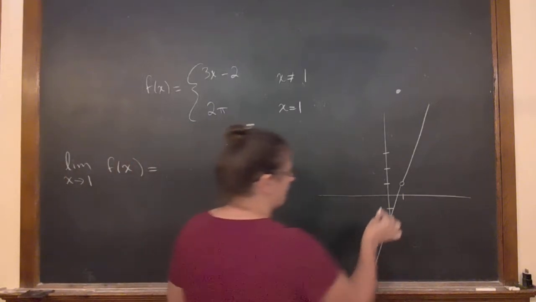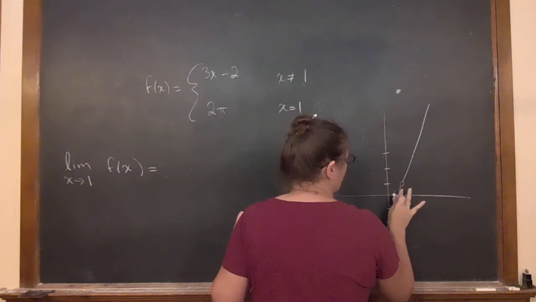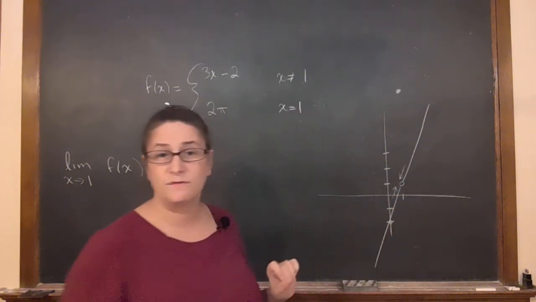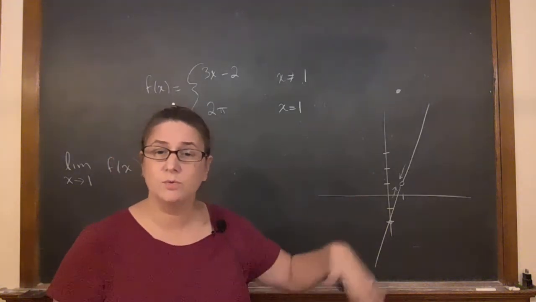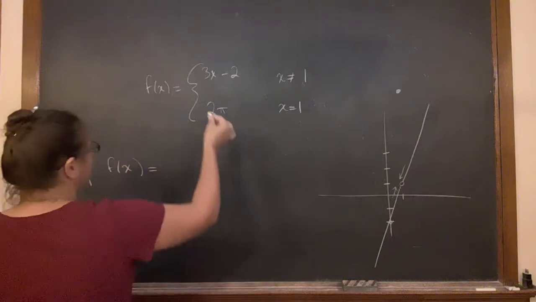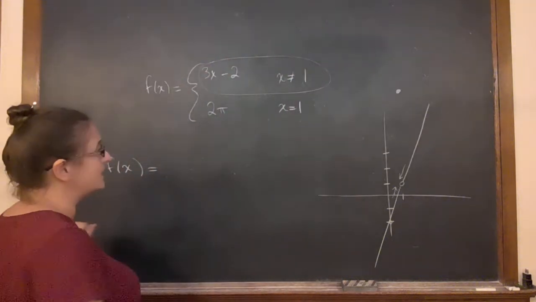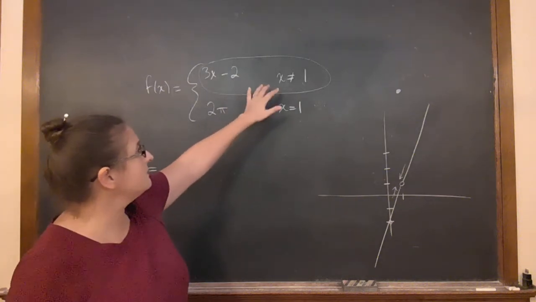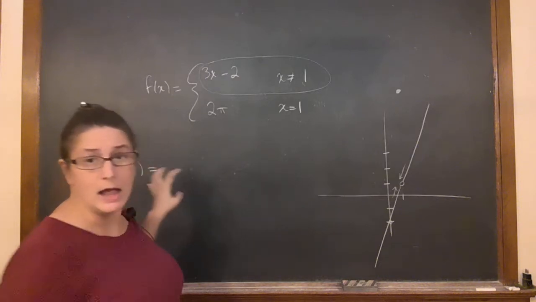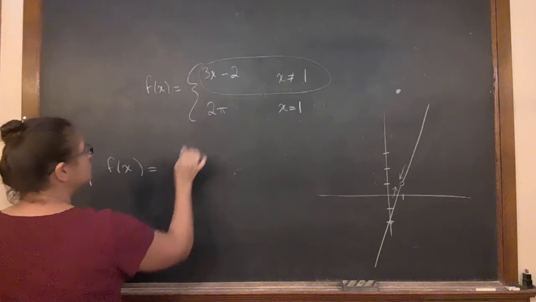I'm going on this line from this side, or on this line from the other side. I'm approaching 1, I'm not there yet. Therefore, I use the part of the piecewise definition that goes with where I am when I'm taking my limit, which is that I'm not at 1. So you just put that in there.